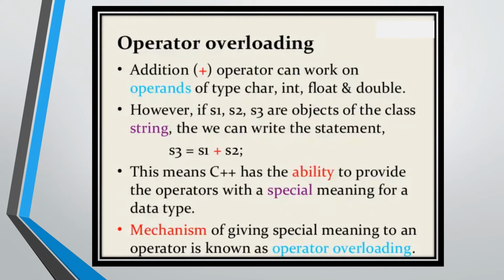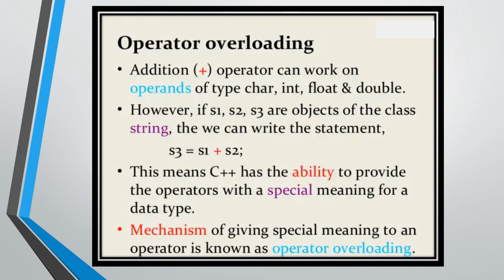When we perform the addition operation on these data type operands, it can be easily done. But what happens if we want to add S1, S2 and S3, which are objects of the class string? Then we can write the statement S3 = S1 + S2. Here S1, S2 and S3 are objects of a class, and a class is a user-defined data type.